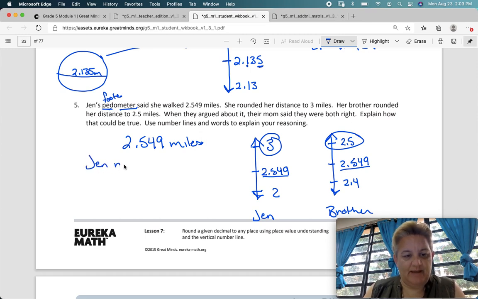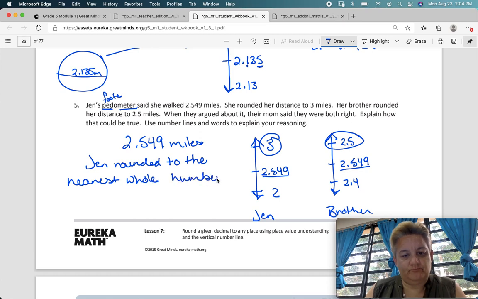Jen rounded to the nearest one, right? The nearest ones place, the nearest whole number. Her brother rounded to the nearest tenth.